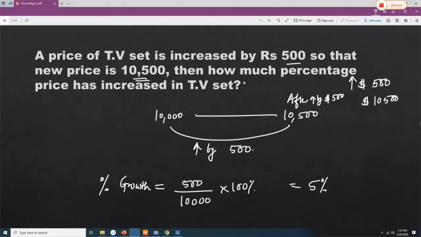So the before value will be 10,500 minus 500, which is 10,000. Increase by how much? $500. The earlier value is 10,000, because the question is asking with respect to 10,000. So 500 over 10,000 and in percentage, it is 5% increasing.